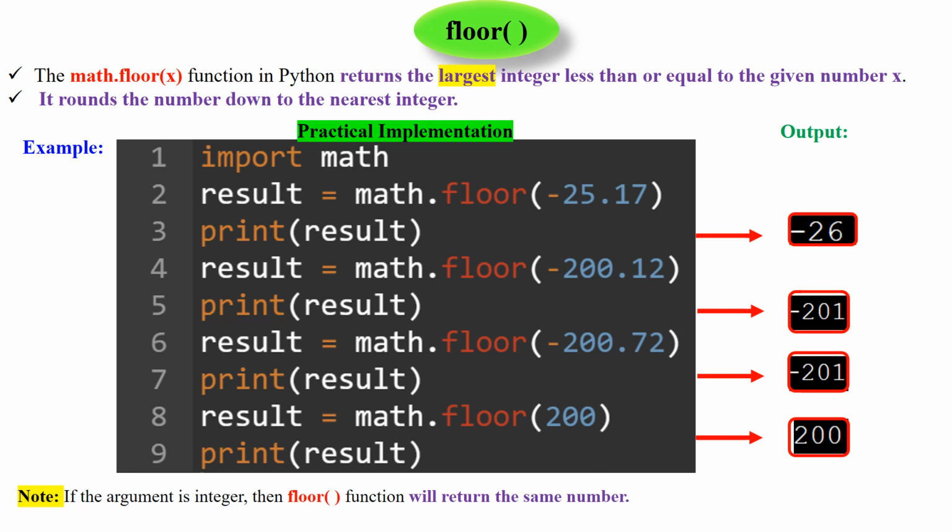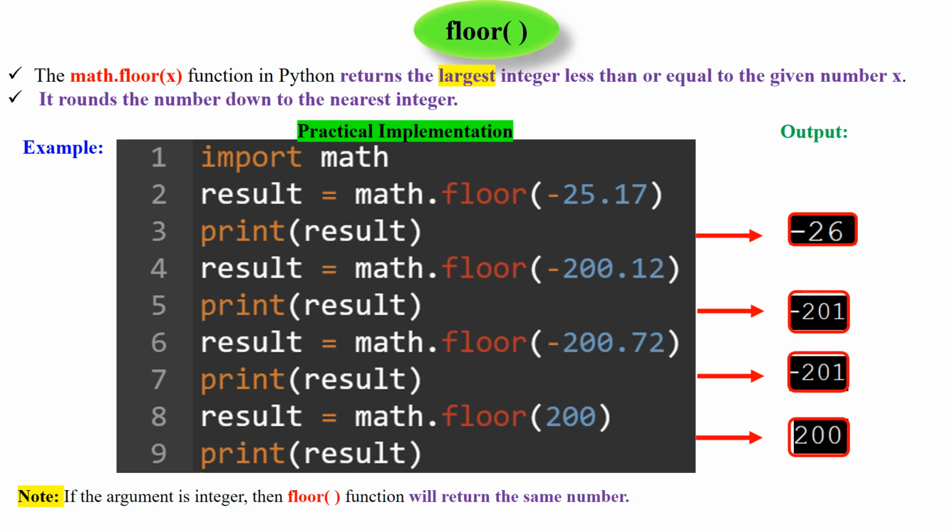In line 4 and 5, the math.floor function is called with the argument -200.12. The function returns the largest integer less than or equal to -200.12, which is -201, and is printed to the console. In line 6 and 7, the math.floor function is called with the argument -200.72.